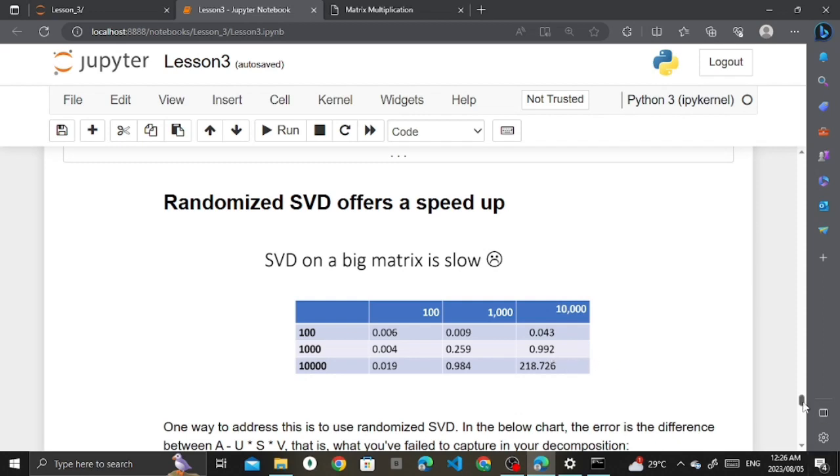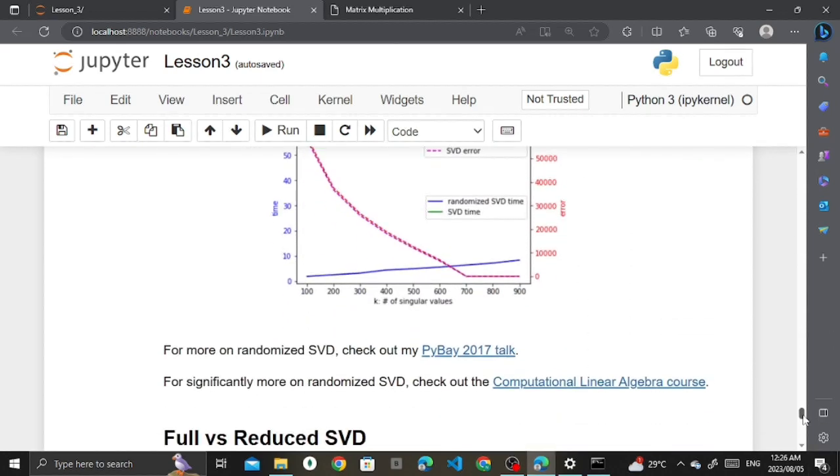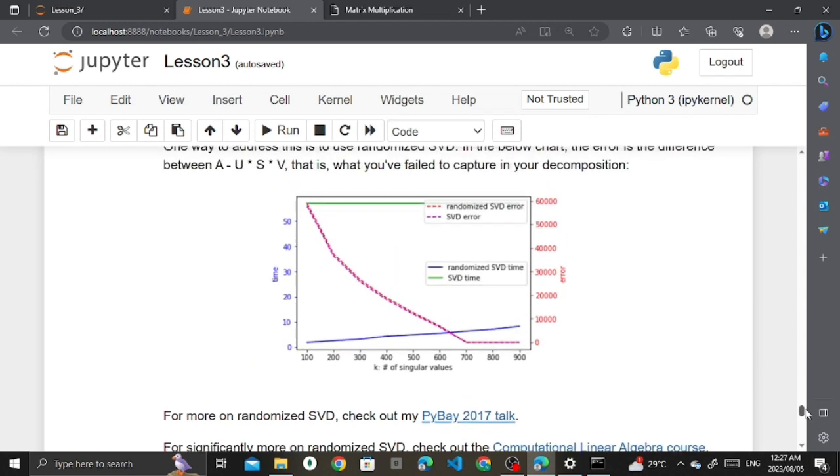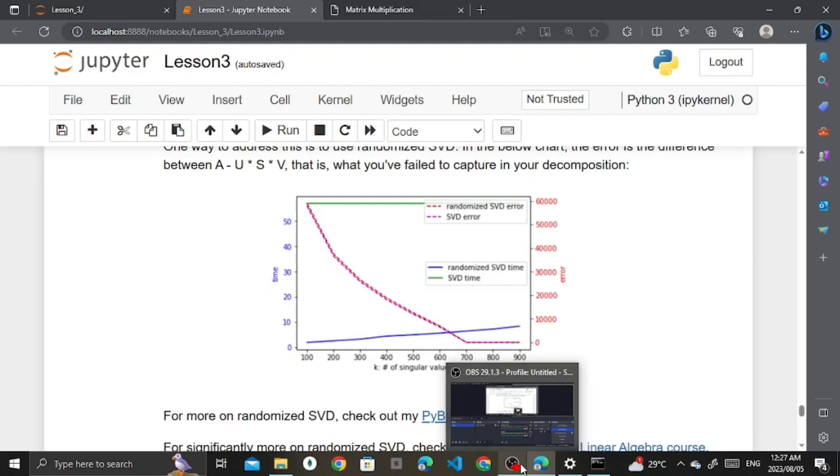I also plotted something. In this plot, I have plotted what the error is when reconstructing the matrix. Maybe we can discuss it by drawing. Here we have a matrix that you start with, and then you decompose it into U, S and V matrices.